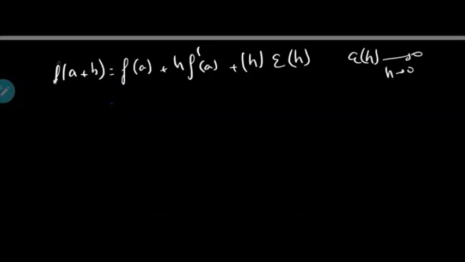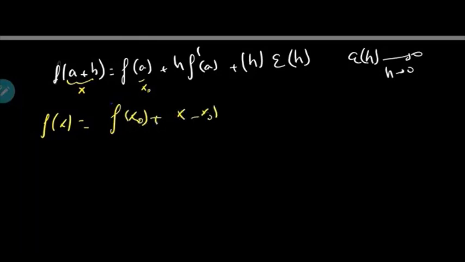I will rename the variables so it can be more readable. Let's consider that a plus h will be x and a will be x0. So we'll have f of x equals f of x0 plus (x minus x0) f prime at x0 plus (x minus x0) epsilon of (x minus x0).